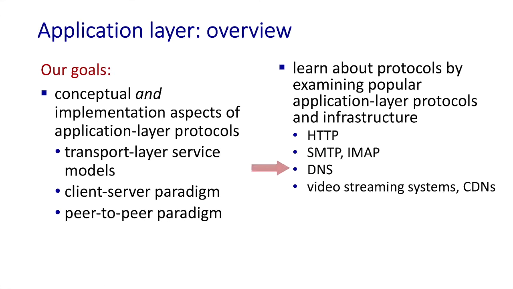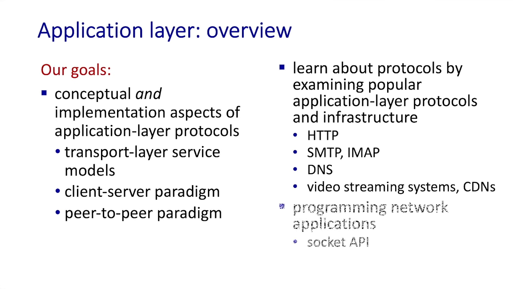We'll spend some time looking at the domain name system, the DNS, which is used to translate from names like gaia.cs.umass.edu to 32-bit IP addresses like 128.119.40.186. And we'll look at distributed application level infrastructure like video streaming systems and content distribution networks. We'll wrap up by looking at the application programming interface, the Socket API.